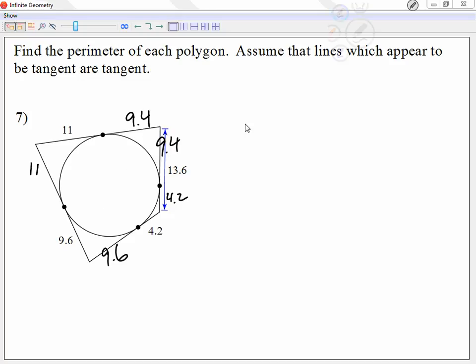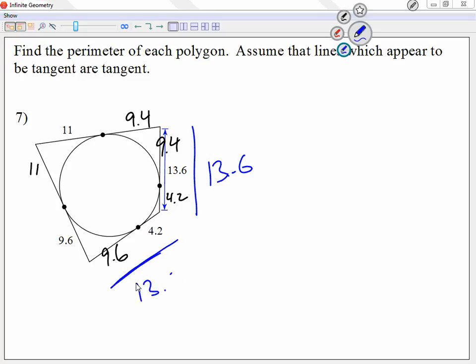Okay, so then for the perimeter, I know this whole side here is 13.6. Right, it was there to begin with. I know this bottom side right here is 13.8. I just added my two numbers. On this side over here, I know it's 20.6. And then the top part is 20.4. Right, I just added my two numbers.